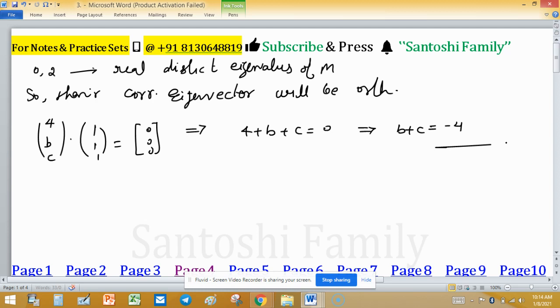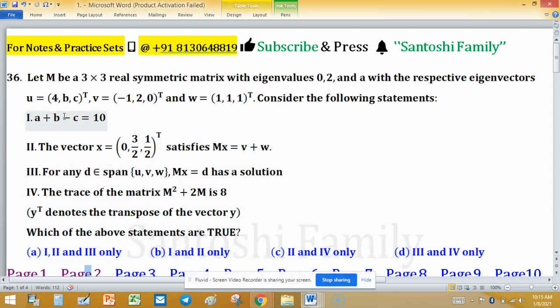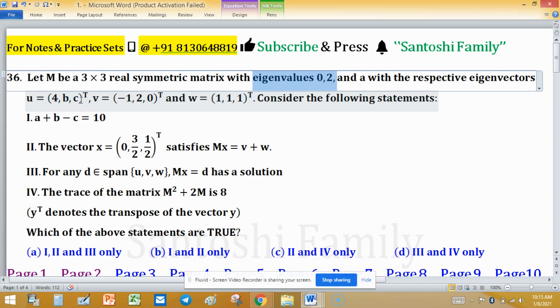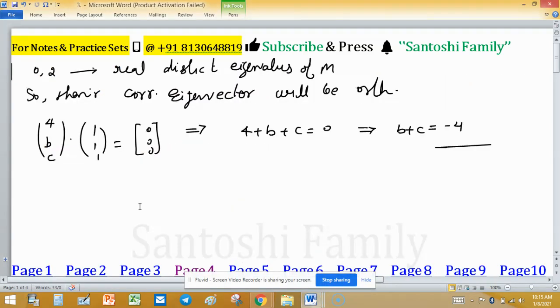Call this equation 1. Now I verify their corresponding eigenvectors for 0 and 2: (4, b, c) and (minus 1, 2, 0).